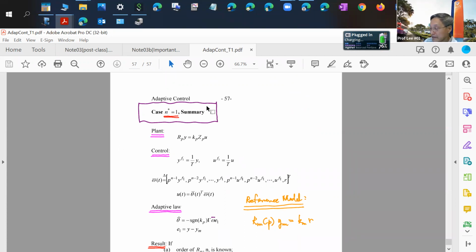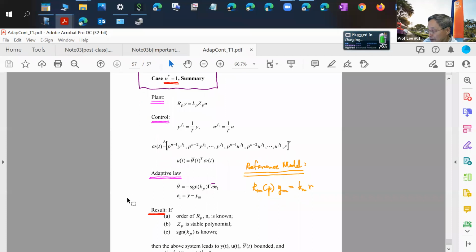Doesn't depend on relative degree. It's only the adaptive law that, if it is relative degree equals to 1, because you can use strict positive realness, it comes out in this very, very elegant, direct form. With relative degree greater than 1, you have to do a lot more signal processing, all right?